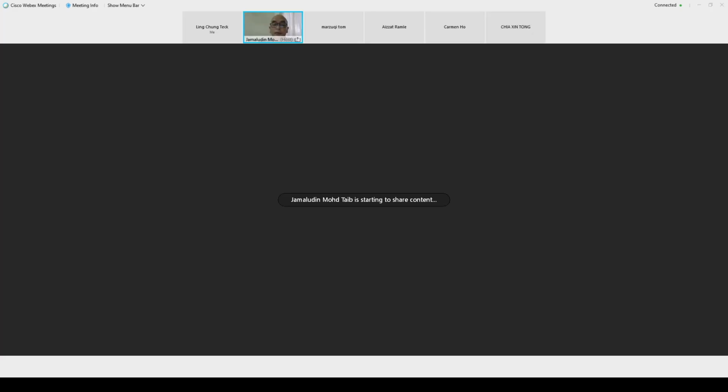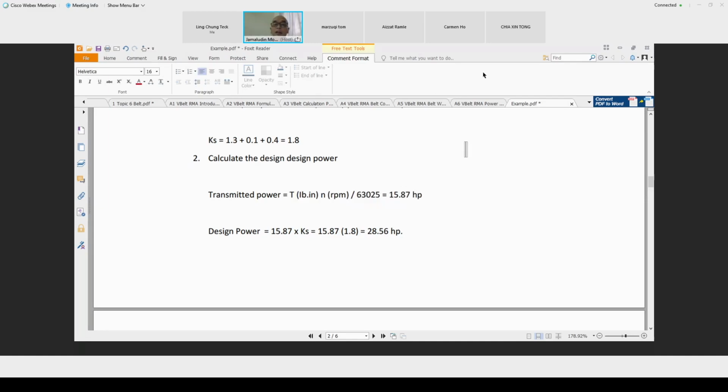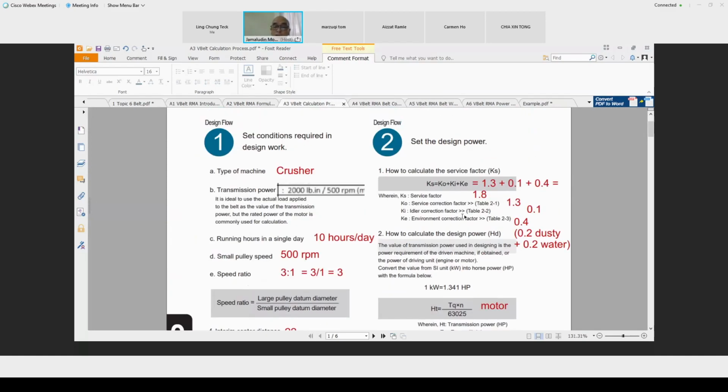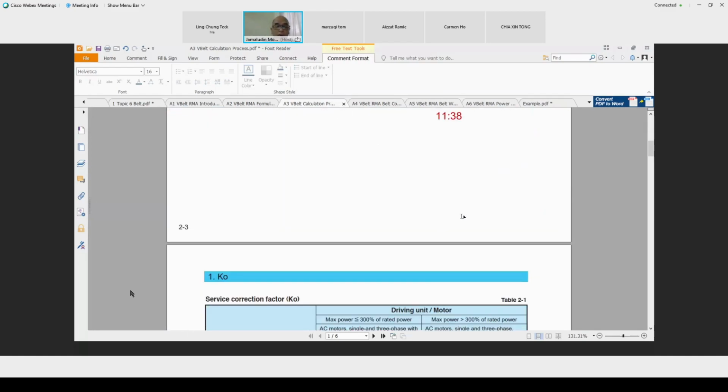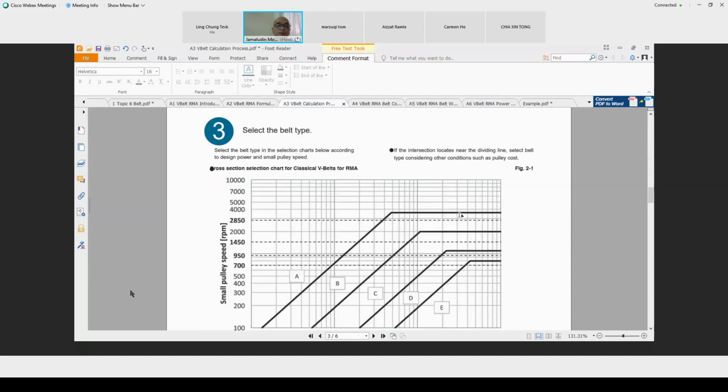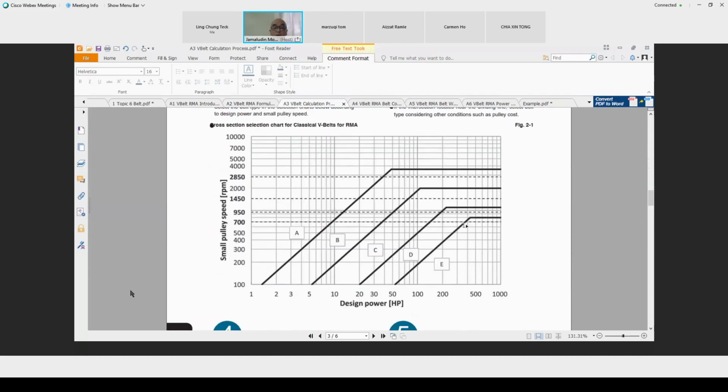All right, we go to the A3. That will be your reference, step number 2. Right now, we should go to step number 3. In step number 3, we're going to select what type of belt we're going to have, based on our design power and our small pulley speed.